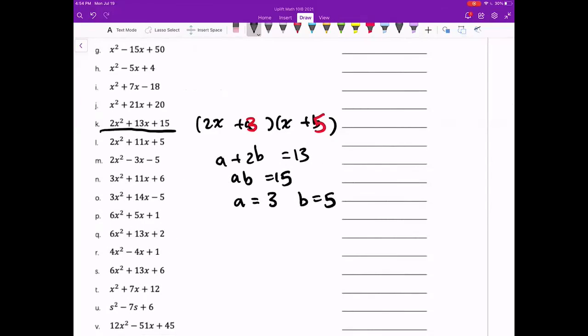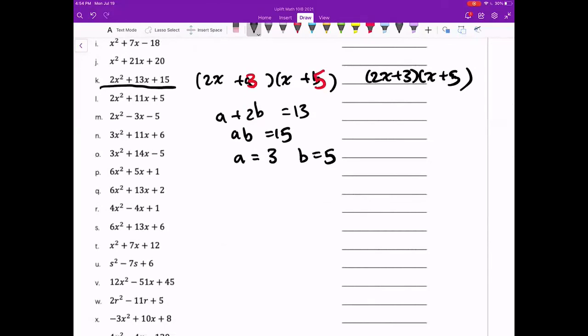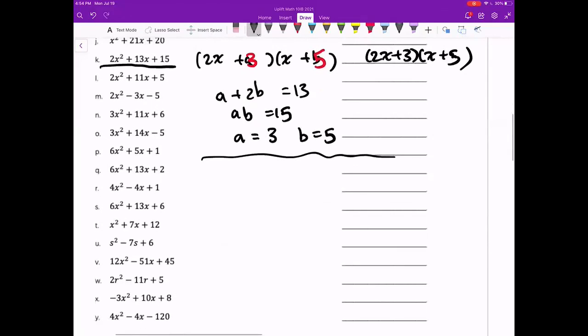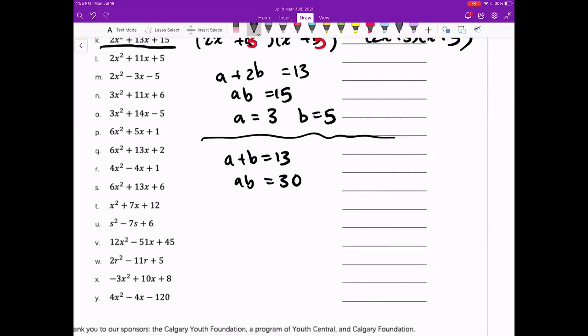Hey, you can do this one with my method if you really wanted to. Yeah, sure, we can do it with your method as well. I don't think it'll be simpler, but oh well. Here, a plus b is equal to 13, and a times b is equal to 2 times 15, which is 30. Here we can see that a is equal to 3 and b is equal to 10.